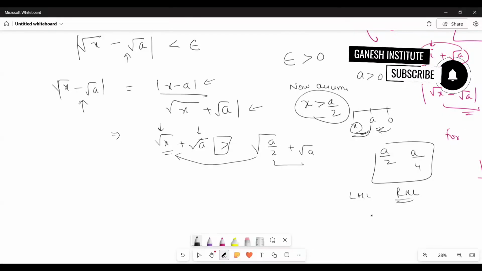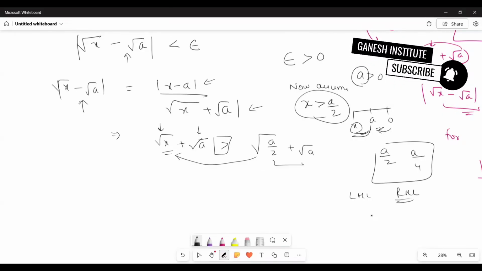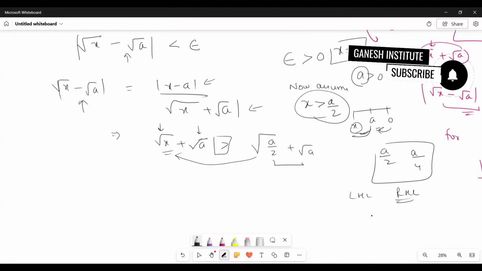So that means you are considering x as the higher value only, but you can't actually consider x as a, because this is what you have to prove, that root x is root a only.